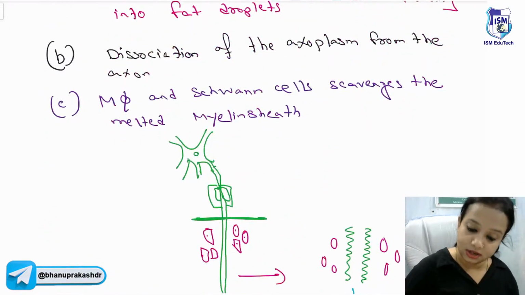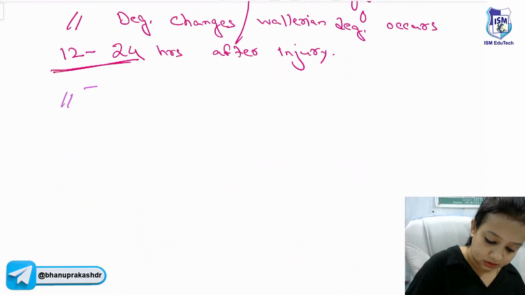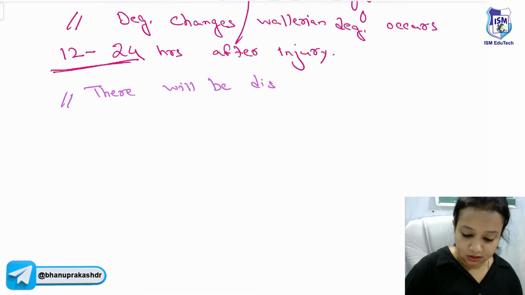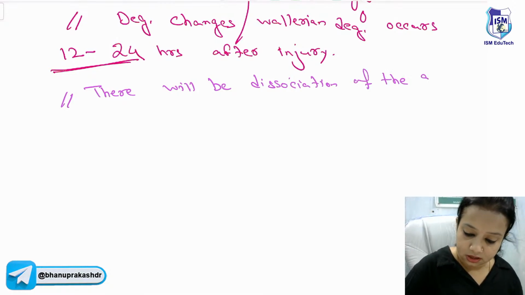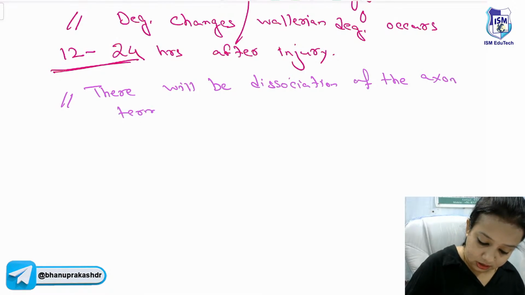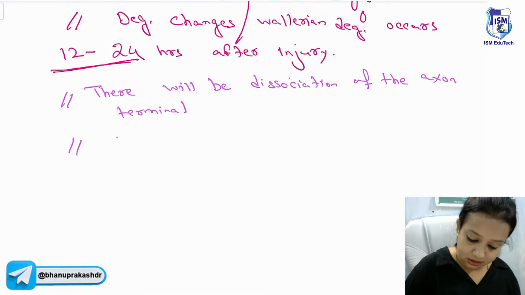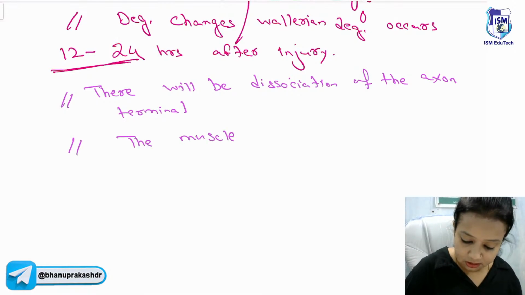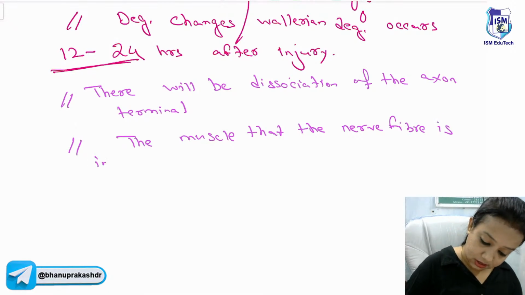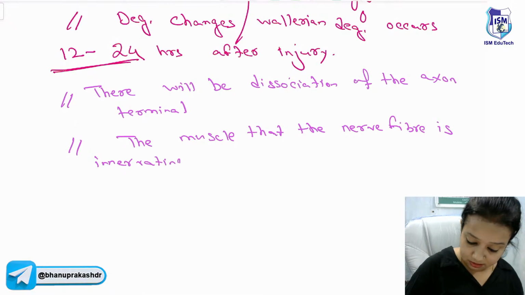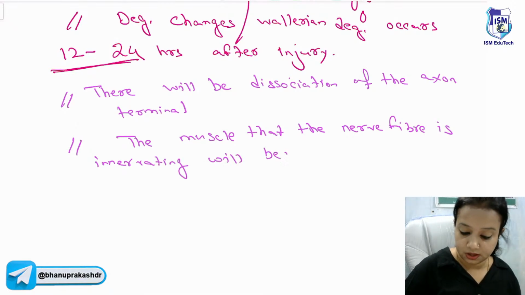At the axon terminal, there will be dissociation of the axon terminal, and the muscle that the nerve fiber is innervating will become atrophied.